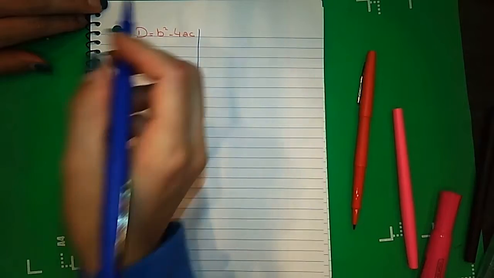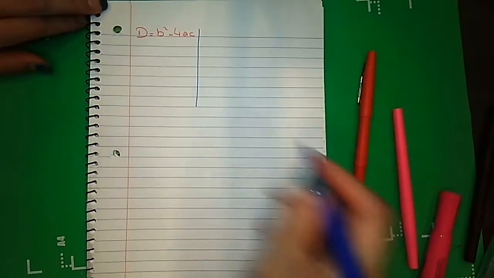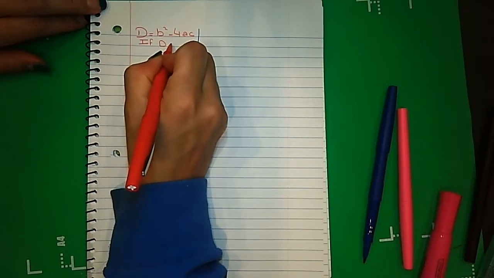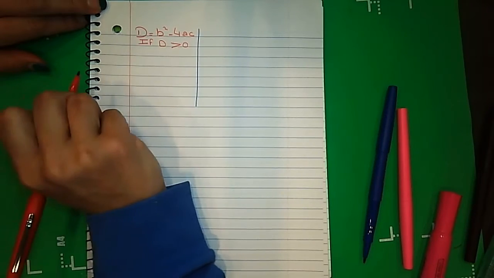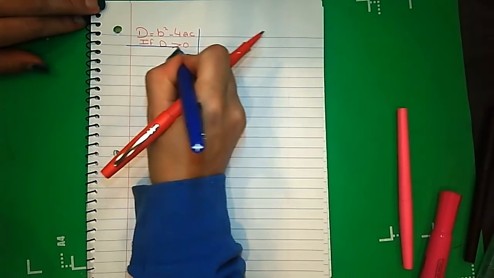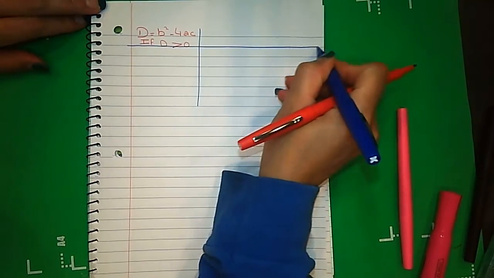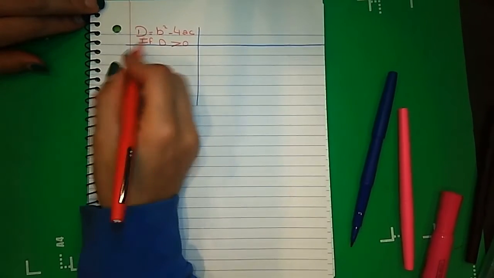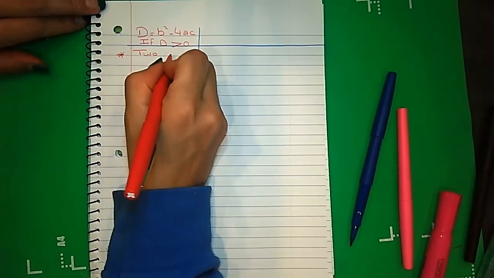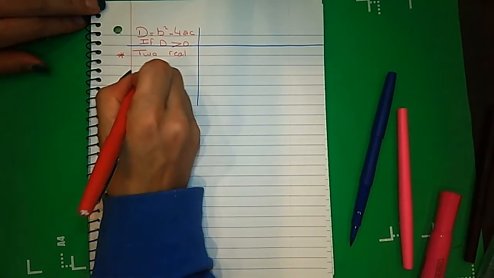So in this case, if the discriminant is greater than 0, that means I'm going to have 2 real solutions.